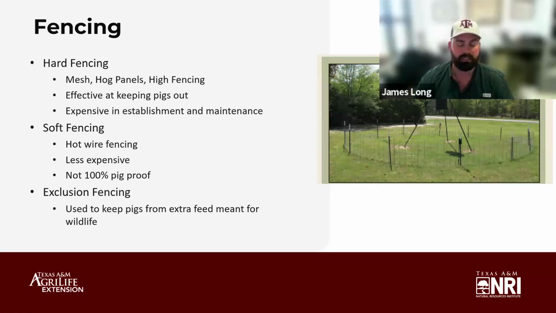And then the last one is exclusion fencing. This is a type of fencing used to keep feral pigs, feral hogs, out of feed that's meant for wildlife and livestock.